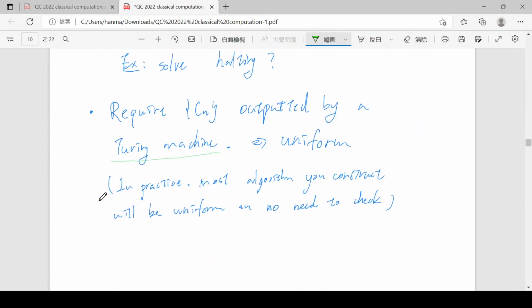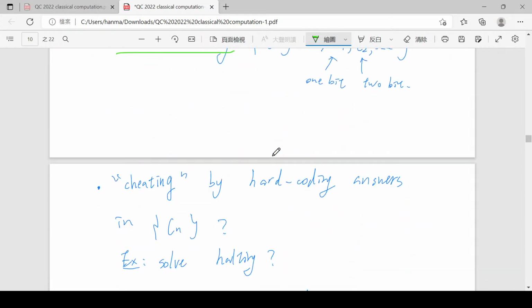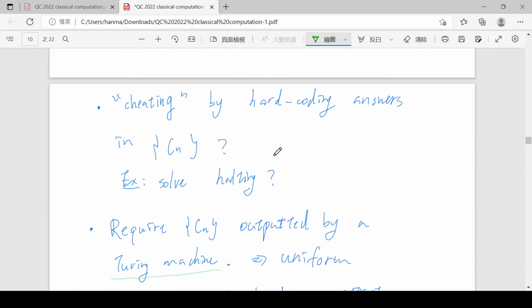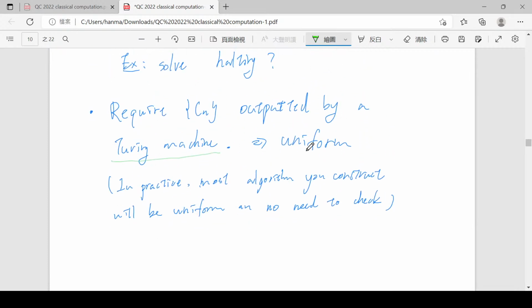So actually, if we want to go very fundamental, how we solve this is we go back to Turing machine once again. And so we want this circuit family to be what we call uniform. And that means we want the circuit family to be something that can be computed by a Turing machine. Okay.